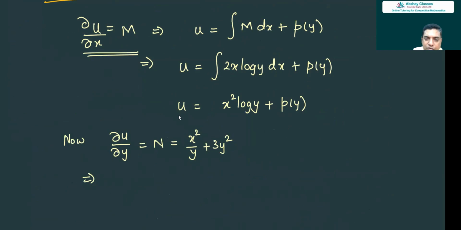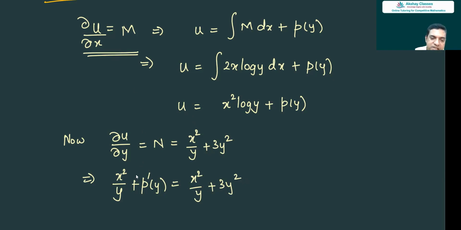Now we have found u up to here. Differentiate this u with respect to y. So you will get x square upon y plus p dash y, purely in terms of y, equal to x square by y plus 3y square.